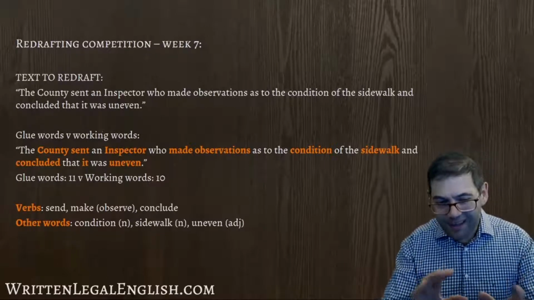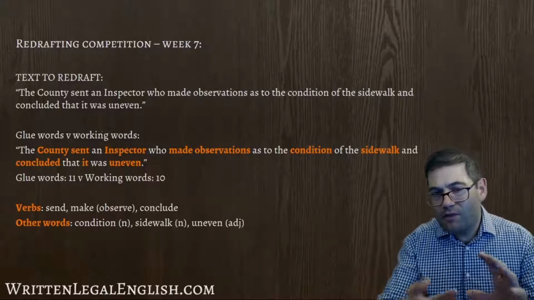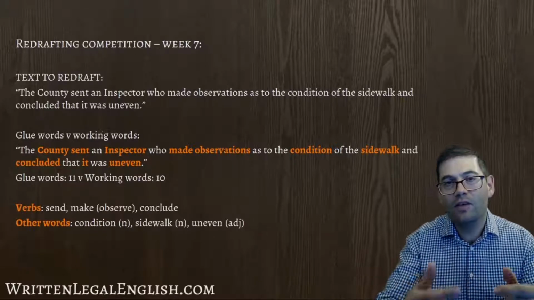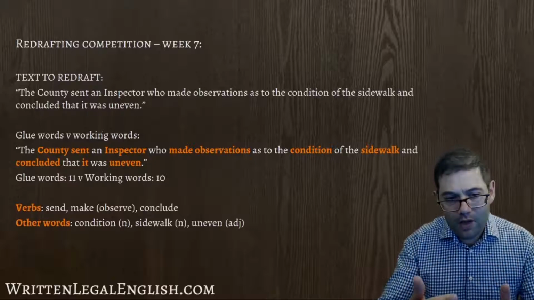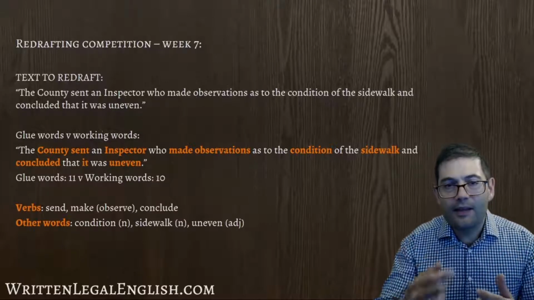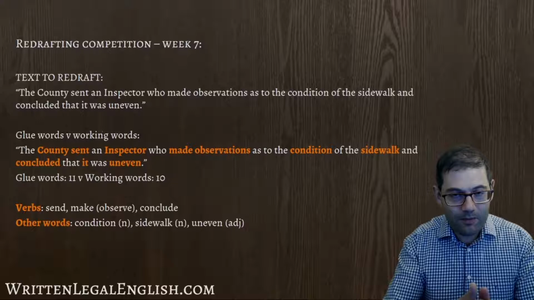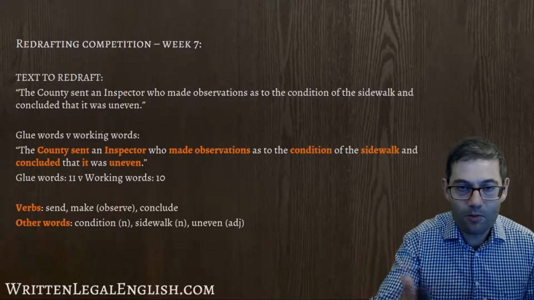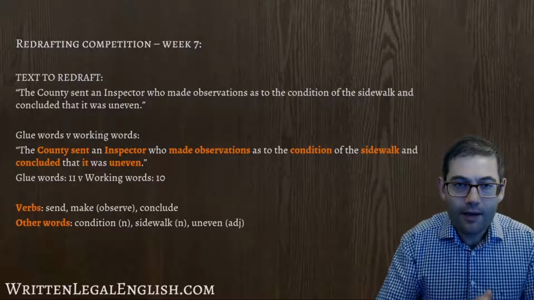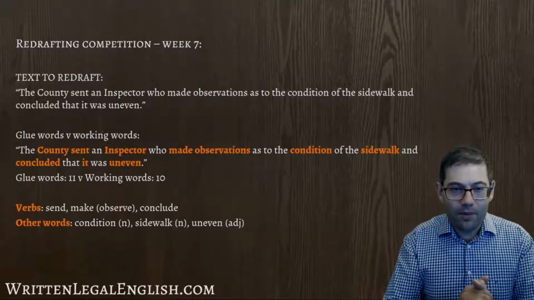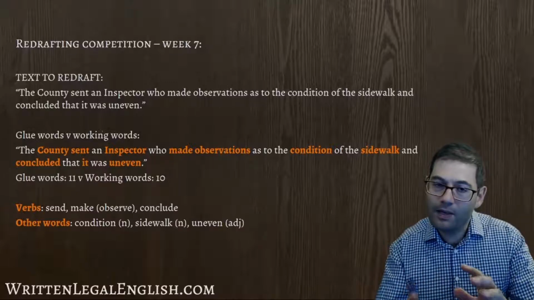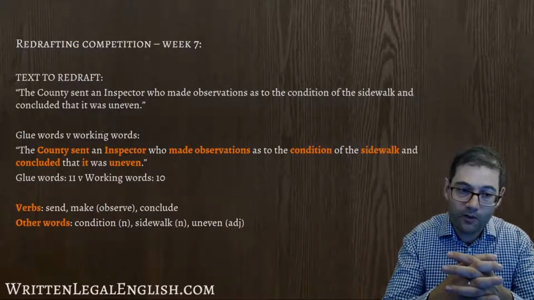Thinking about that, we've got to try and unpack it and build that same message using far fewer words. Bearing in mind that it's always best to communicate, wherever possible, using subject, verb, object, in other words the active voice, let's think what our subject might be. A subject is probably going to be county or inspector, or a combination of both.